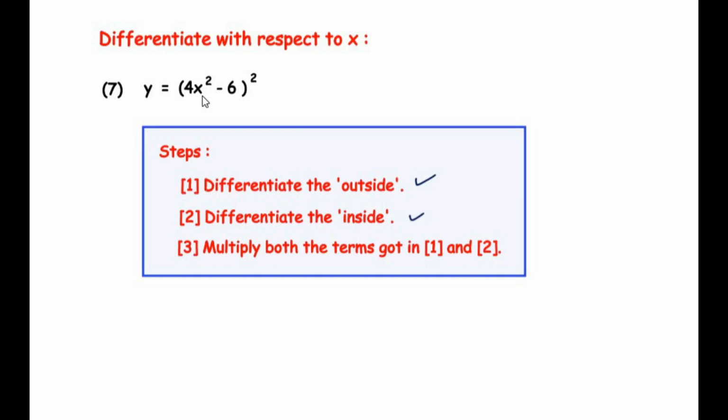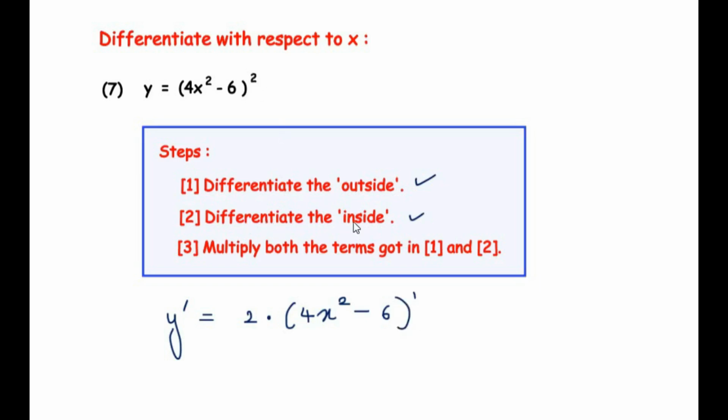So we have to differentiate this entire thing as a single term. So here we are going to write y dash is equal to, now the power comes out since we are using the power rule. So 2 comes out and it multiplies with the entire bracket, 4x square minus 6. Now the power reduces by 1, so 2 minus 1 is 1.